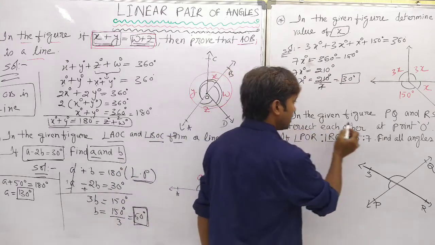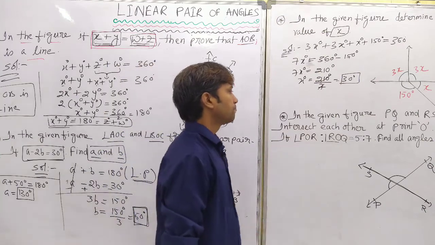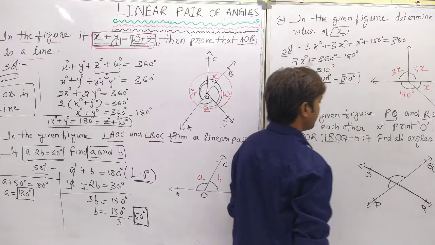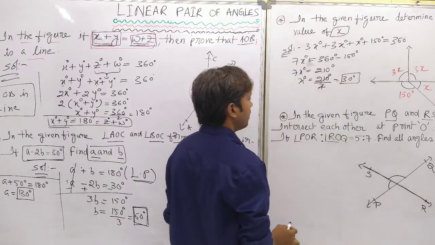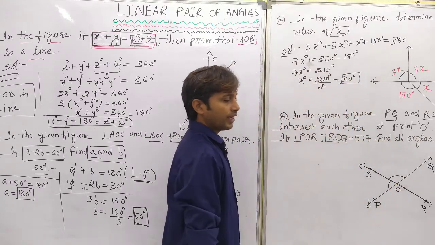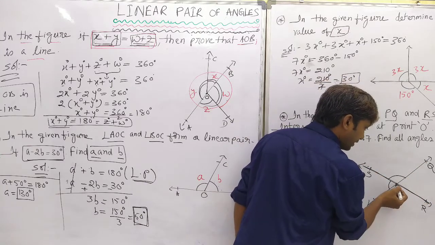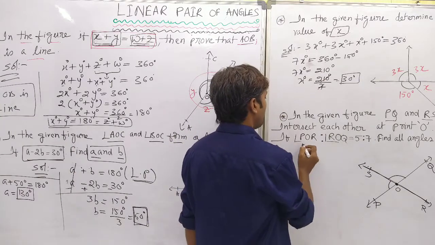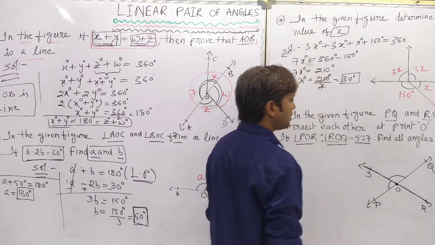Okay, now coming to this one, the last problem of this exercise. In the given figure, PQ and RS intersect each other at point O. Which is PQ and which is RS? This is point O. This PQ and RS are intersecting at which point? O. Next, if POR is to ROQ is equal to 5 is to 7.